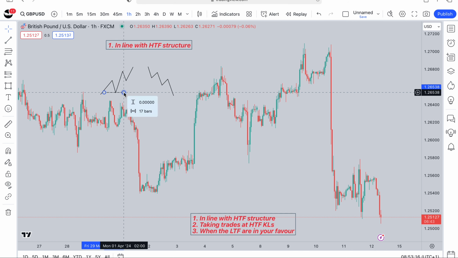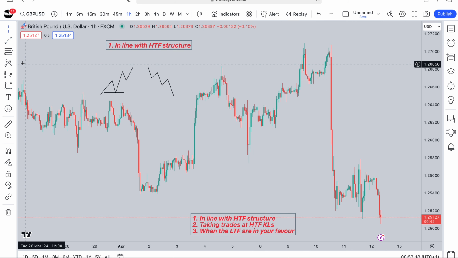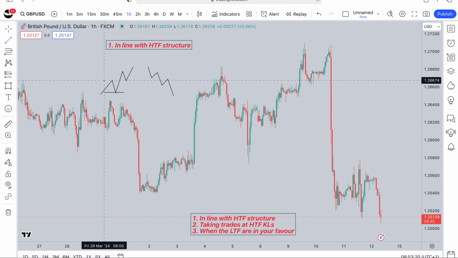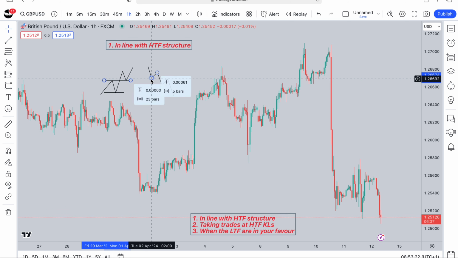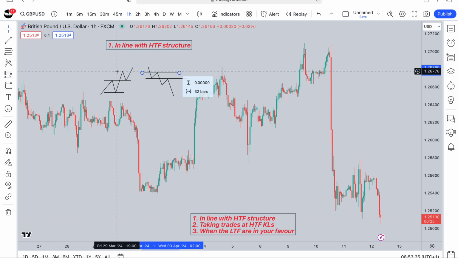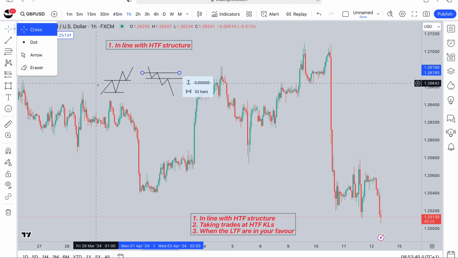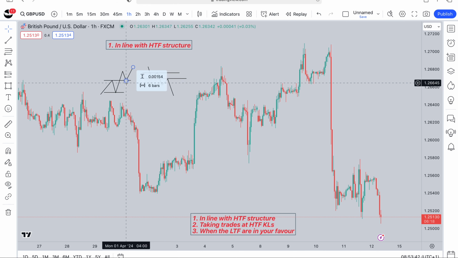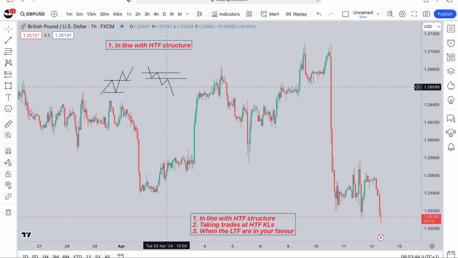So essentially, the first point is, when you are in an uptrend, you are simply only going to be taking buys, and when you're in a downtrend, you're going to be taking sells, okay? But what I also want you to realize is that even though we talk about trading in line with the higher time frame structure, and we do know that price, more often than not, will retrace, we're not going to be taking any reversals, okay?